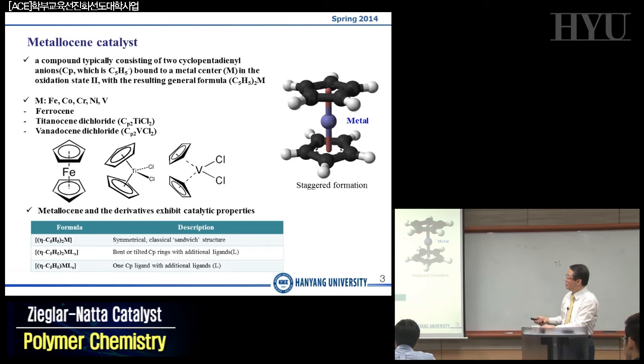Metals could vary from iron, titanium, and vanadium, and the metal can contain chloride in their catalyst system as well. So they can abbreviate it as ferrocene if the metal is iron.